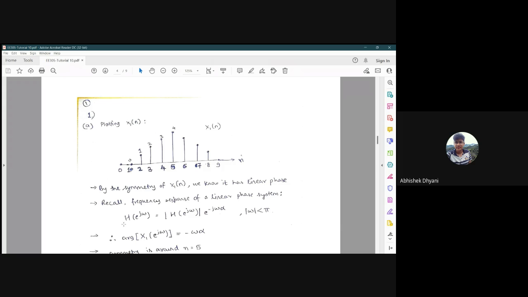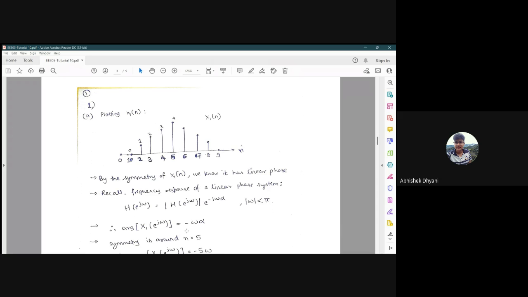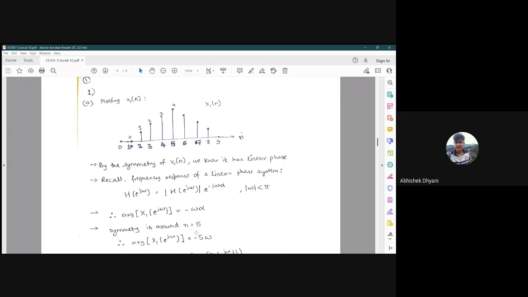And this is the argument or the phase, which is minus omega alpha. So it is a linear function of omega, right? And we can see that there is a symmetry about n equal to 5. So that means that this alpha here is 5. So we can say that the argument of this function is minus 5 omega.